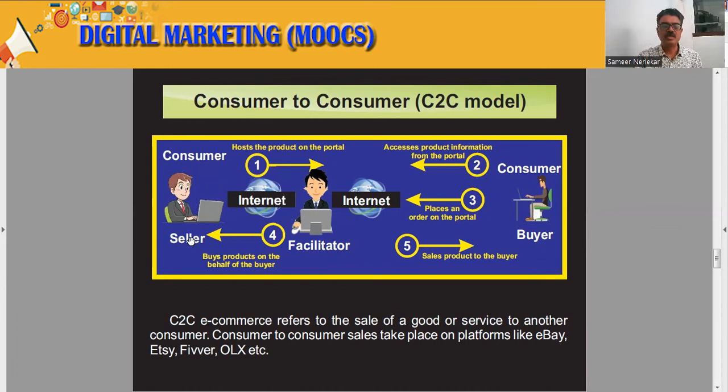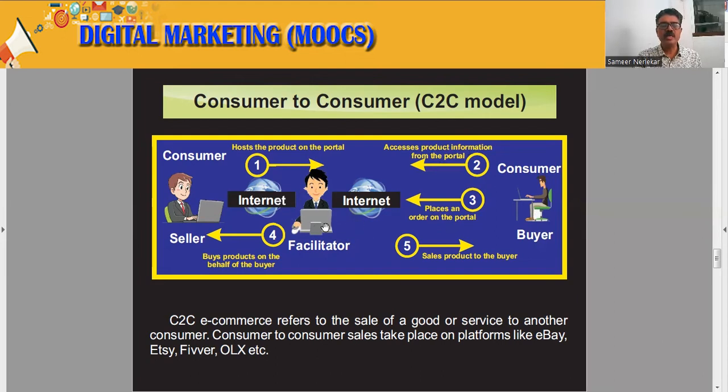The seller consumer hosts the product on the portal, on the internet. Then at the second stage, what happens? The buyer consumer accesses the product information from the portal. Then the buyer consumer places an order on the portal.